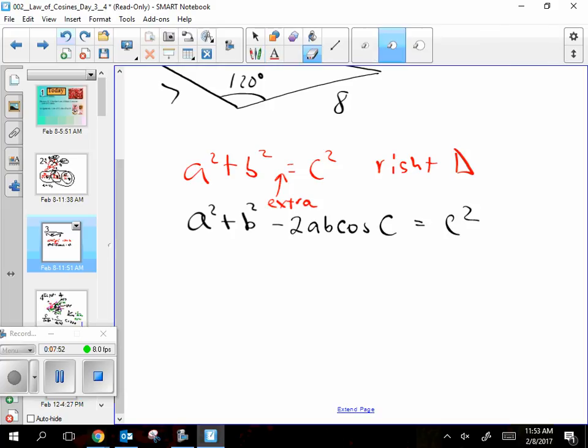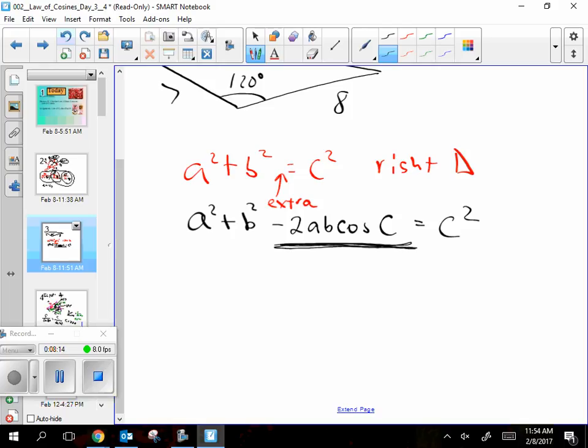It's the same formula with a little tweak. That part right there is the tweak, and it depends on how big the angle is. That'll make a difference in how long that side will be. C is going to be bigger if the angle is bigger than 90, and this is the factor that tweaks it.